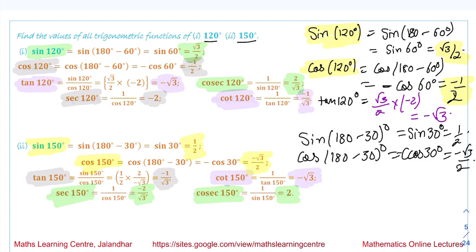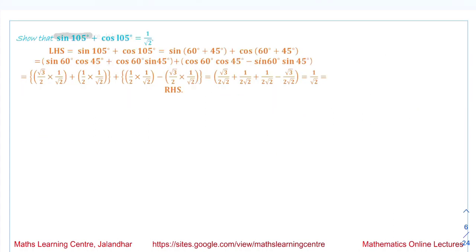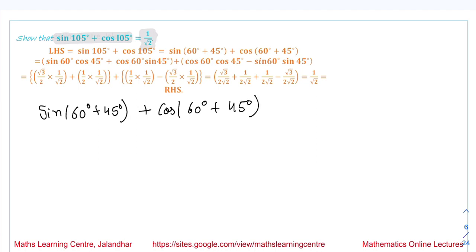Next we have to show that sine of 105 degree plus cos of 105 degree is equal to 1 by square root of 2. So if we look at this value over here, we can write it as sine of 60 degree plus 45 degree plus cos of 60 degree plus 45 degree.